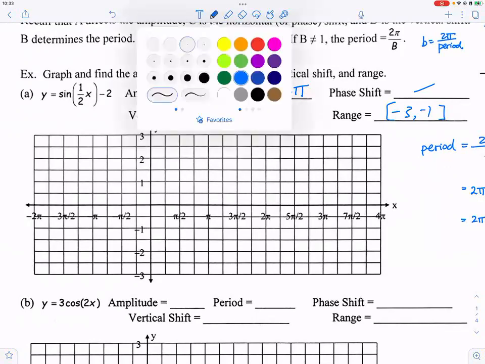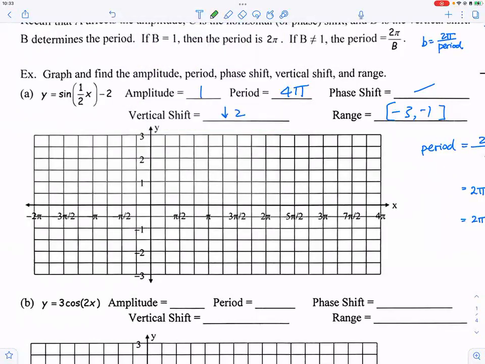So where should we put our initial point? 0, comma -2. We start in the middle. It's a sine function, right? And where do we put our next point?